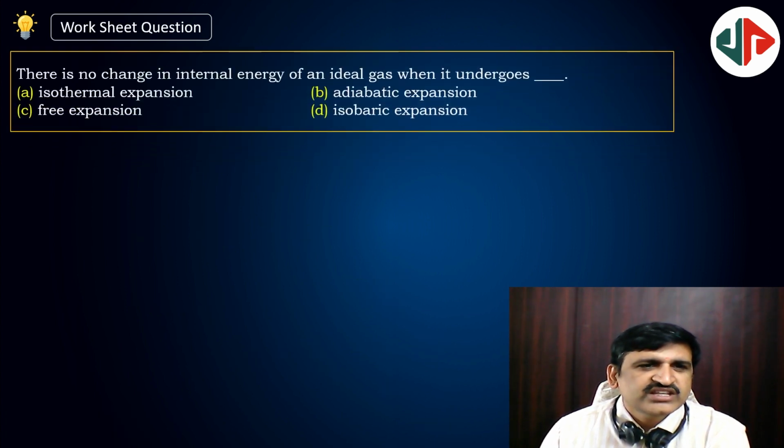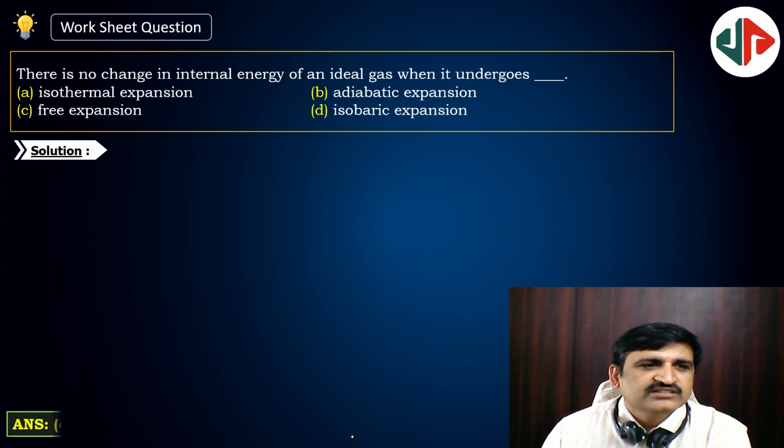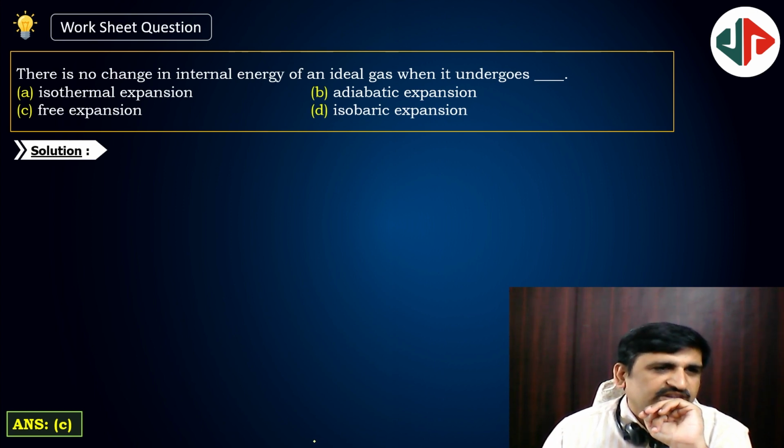Next, there is no change in internal energy of an ideal gas when it undergoes a change, so temperature must be kept constant. That means isothermal, adiabatic, isobaric, and free expansion. In free expansion, work done will be 0 and heat absorption or rejection will be 0.